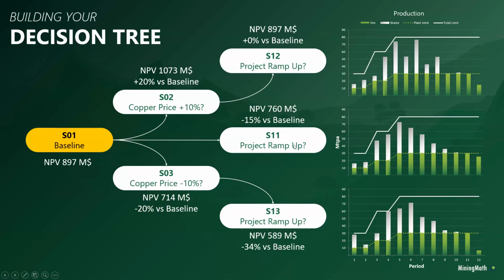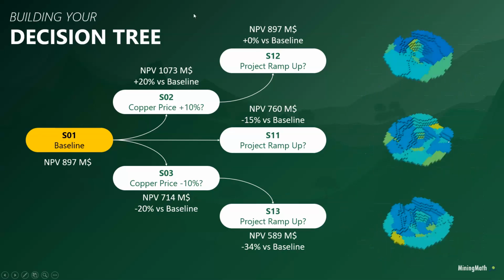Because here we have the baseline, it has decreased to 15%. Here we have a decrease in 10%, and the net present value has decreased by 34%. And here it's keeping the baseline value, and also the waste ore profiles were changing slightly as well. Okay, constraints being respected.